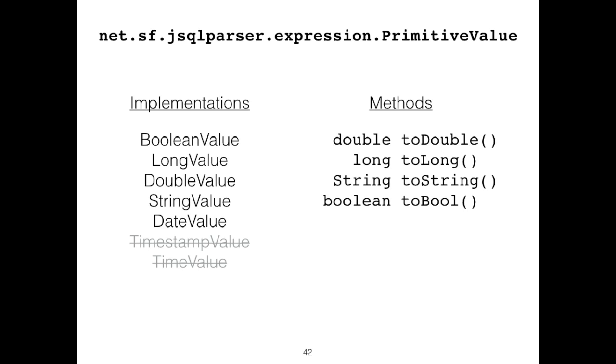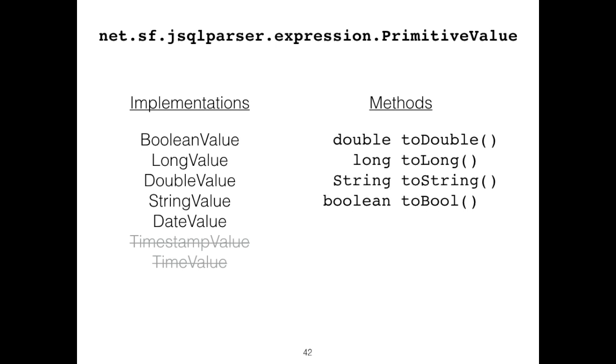And the idea is that each of these evaluates down to something called a primitive value. So there are 7 different primitive values. You're going to care about 5 of them. You can ignore timestamp and time values. And this primitive value class also has a bunch of methods to make extracting values out easier.